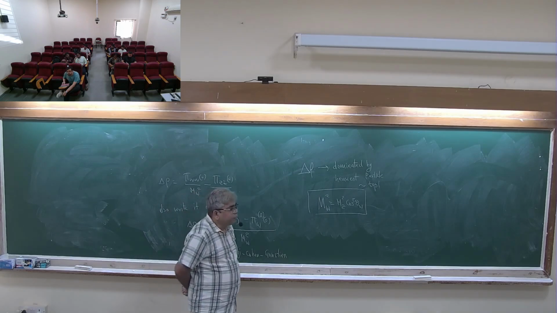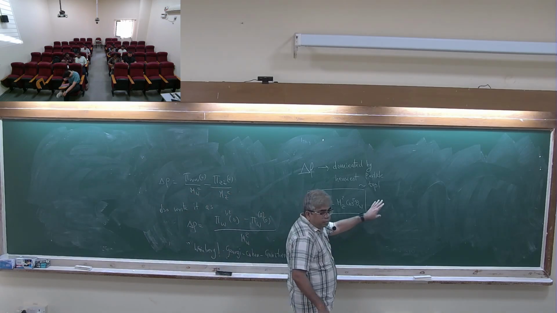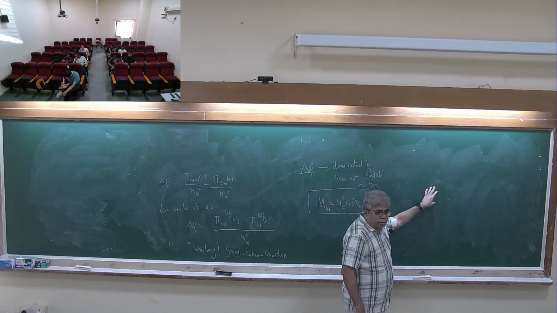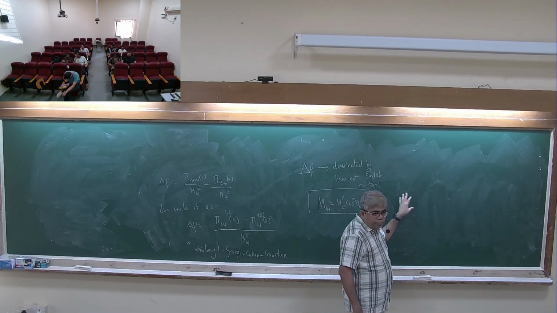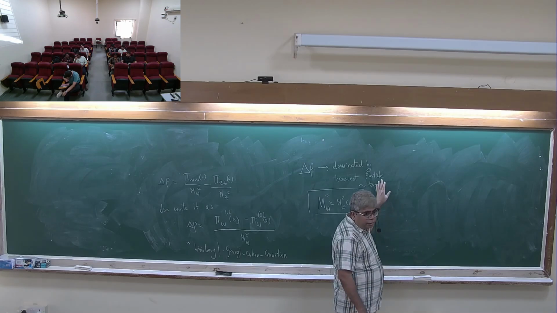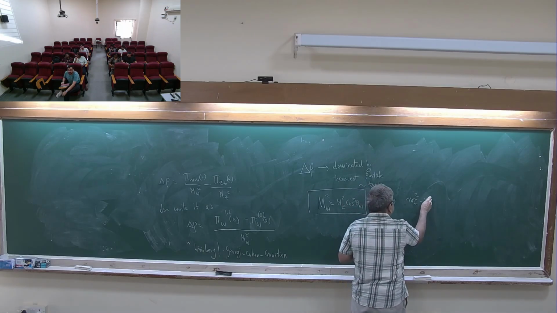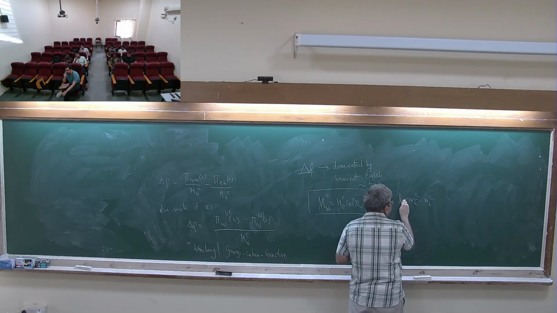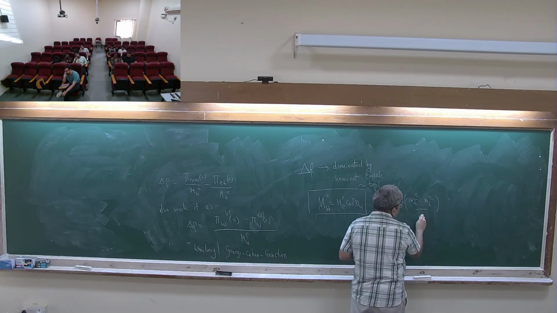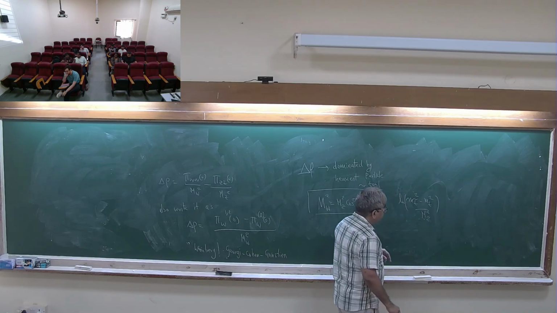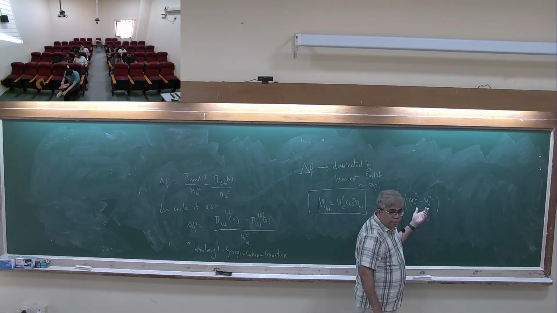super partners, what happens is for every top there is a stop. So the contribution will not just go as top square and everything, but it goes as sum of q square by MZ square. So let's say MZ square. So this can be very small.